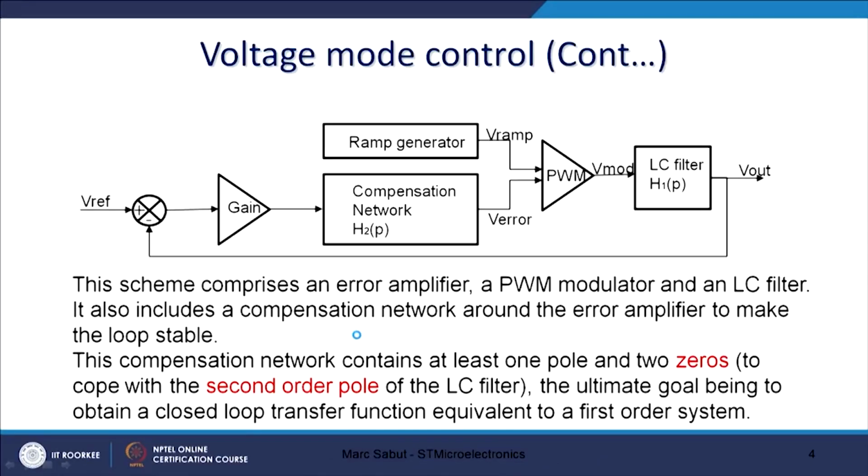But this scheme can be further modified. This is the voltage mode control. This scheme comprises an error amplifier, a PWM modulator and an LC filter, and this compensation network contains at least one pole and two zeros to cope with the second order pole of the LC filter, the ultimate goal being to obtain a closed loop transfer function equal to a first order system.